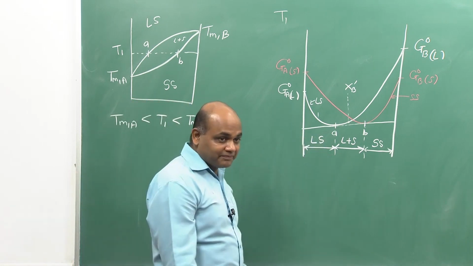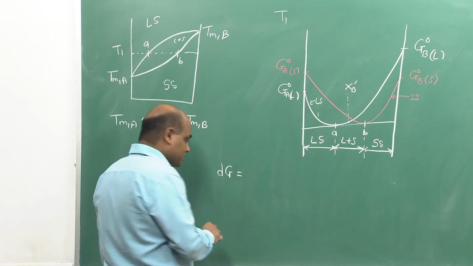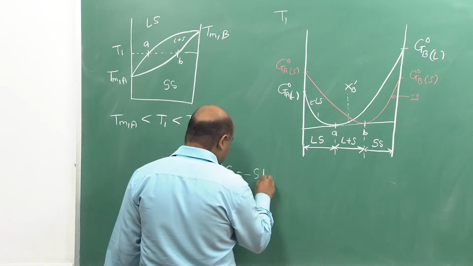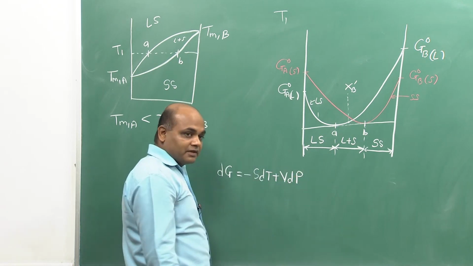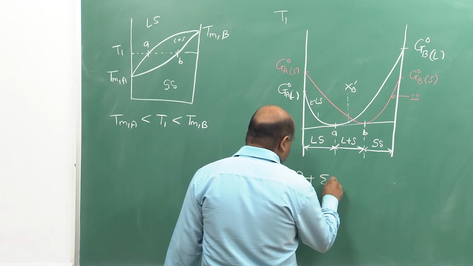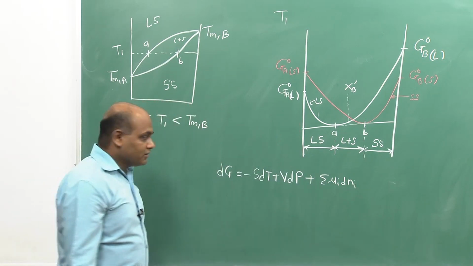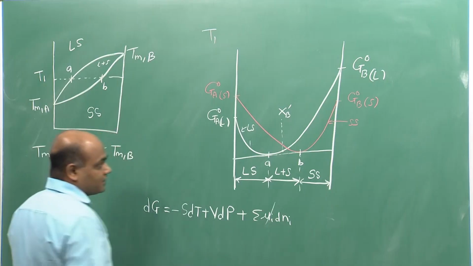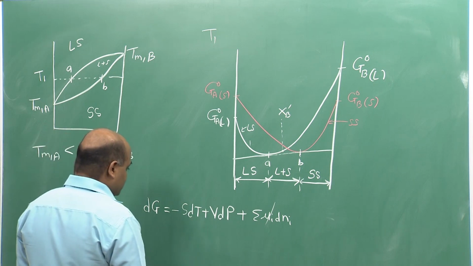Why? We know this equation of state, dG is equal to minus S dT plus V dP, obviously plus sigma mu i dn i, at constant composition. So, this will be 0.